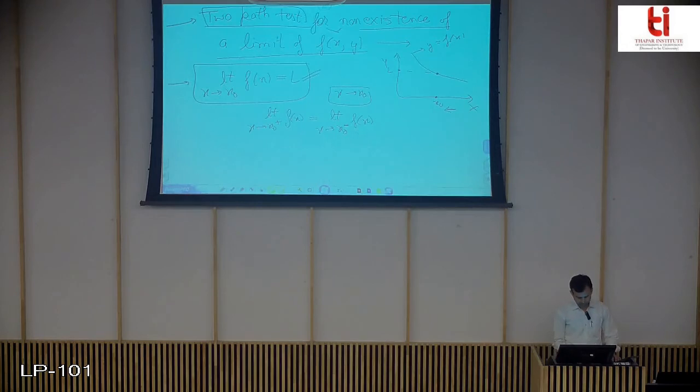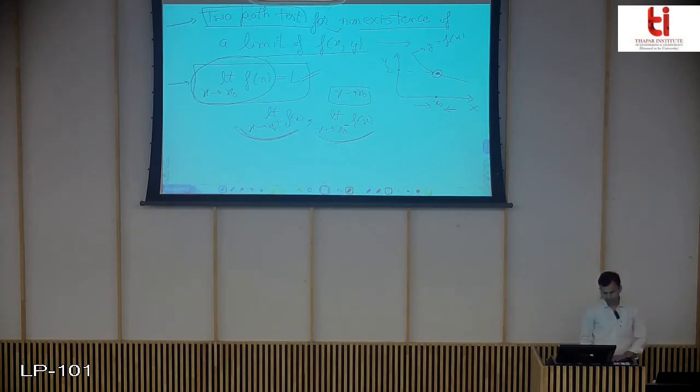So when we say the limit of f(x) as x approaches x0 is equal to L, it means we can approach it either from the right hand side or from the left hand side, because x0 is on the x-axis. When it is on a line, we can approach it either from right or left, and as you approach x0, the value of f(x) will approach the value L. So that is what we do in single variable. We usually take the limit from left and right.